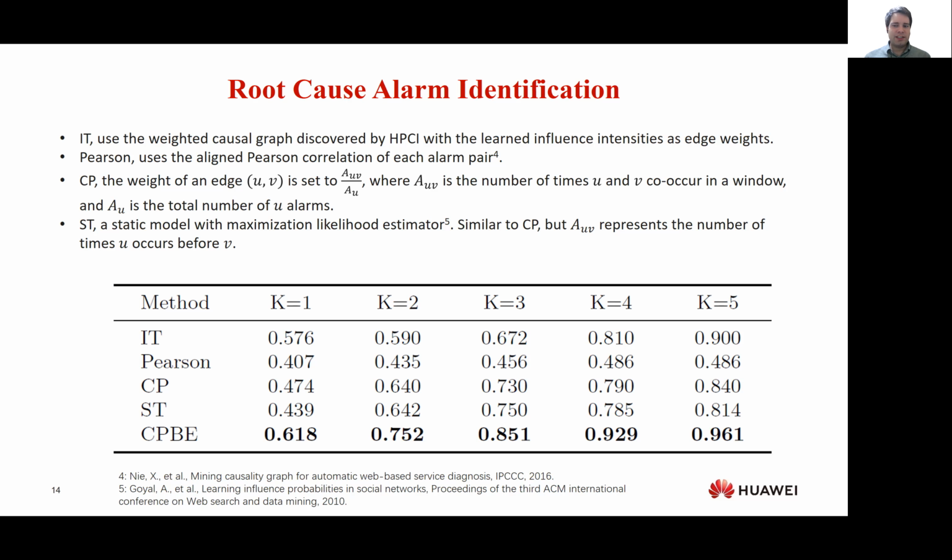So for K equals 1, we only consider the highest influence alarm, while for K equals 5, we consider the top 5 alarms. And as can be seen in the table, using our CPBE method to infer new edge weights, we have a significant improvement over the baselines with an accuracy of above 60% for K equals 1 and above 90% for K equals 4 or 5.